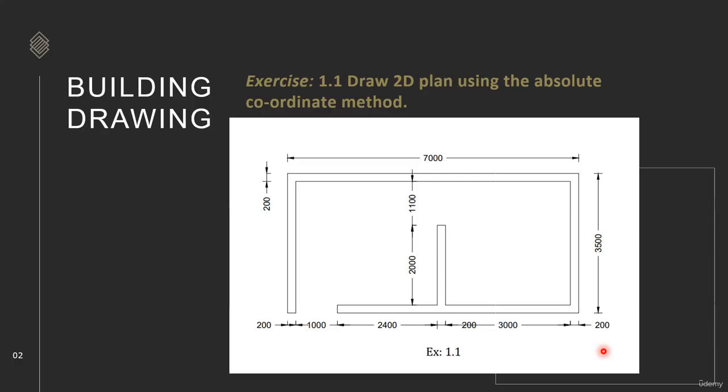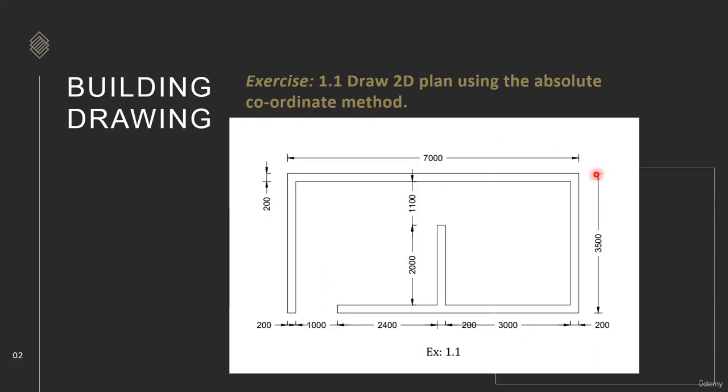Whatever load is there from the top transfers to the beams, from the beams to the columns, from the columns to the foundation or footing, and from the footing to the ground. That type of structures we call frame structures. Okay, so I have quickly cleared this thing. Next we go.